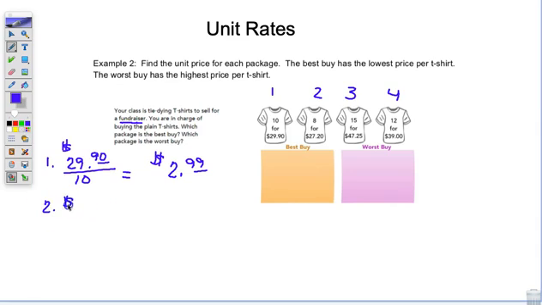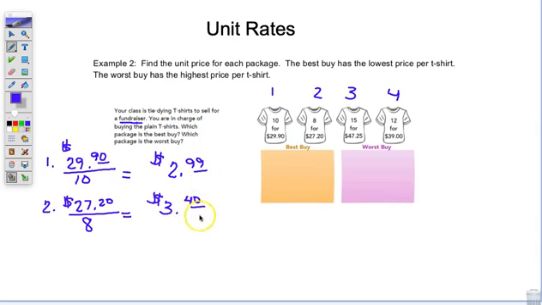So let's go ahead and take our total cost again, and we're going to divide that by how many are in the package, which is 8. $27.20 divided by 8 is equal to $3.40. Now make sure you're trying this on your calculator so you can determine if you come up with the same amounts as I did.